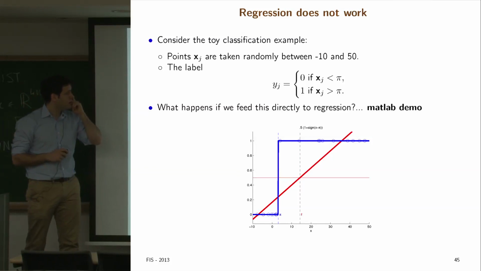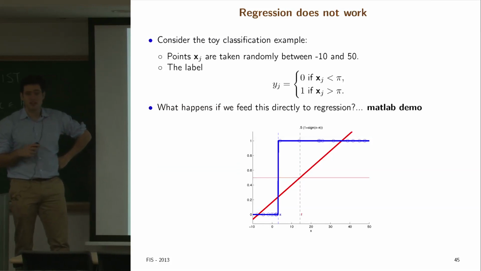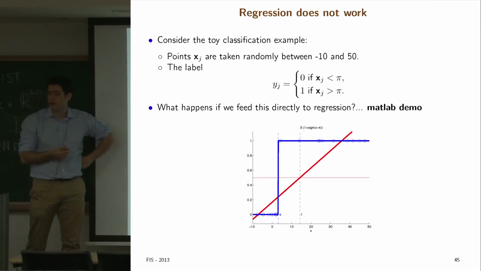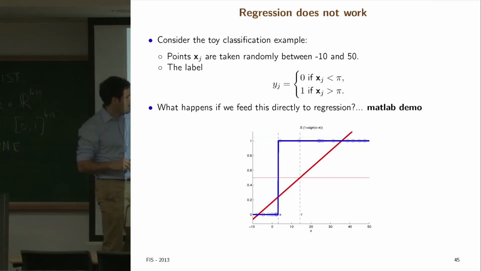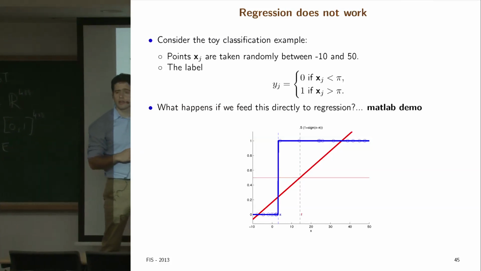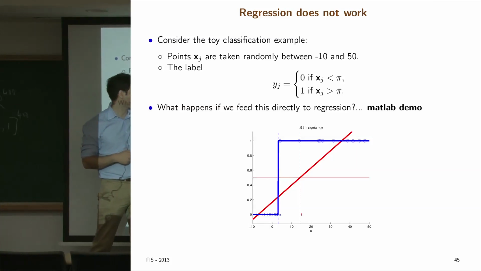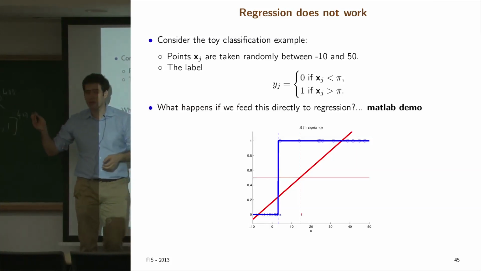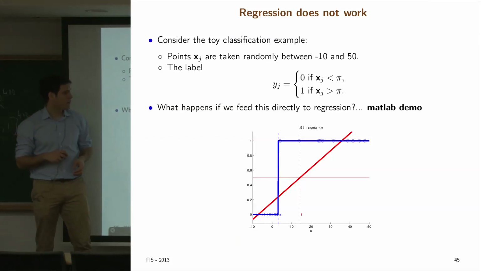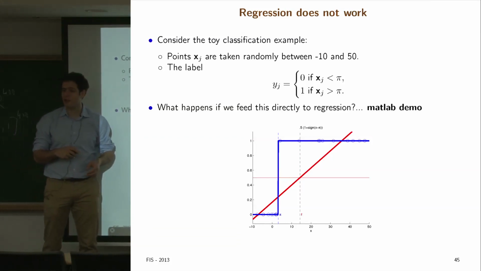So assume that I have taken points randomly between -10 and 50. Each xj is just a real value between -10 and 50. And then I have decided that a point would have label 0 if its value is smaller than pi. So pi is actually the real value pi, 3.14, blah, blah, blah. And it would be 1 if xj is bigger than pi.